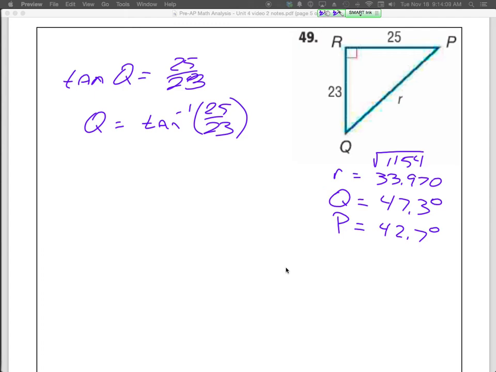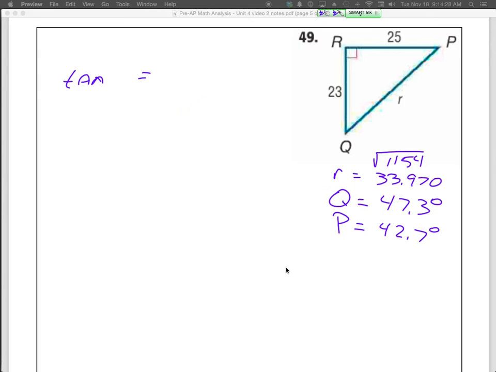Rachel, can you do it that way? You can set up another trig ratio to find it. Would it still be opposite or adjacent? If I was to find P, yes, I would still use opposite over adjacent. We can switch the numbers instead. This time it would be P would equal 23 over 25.